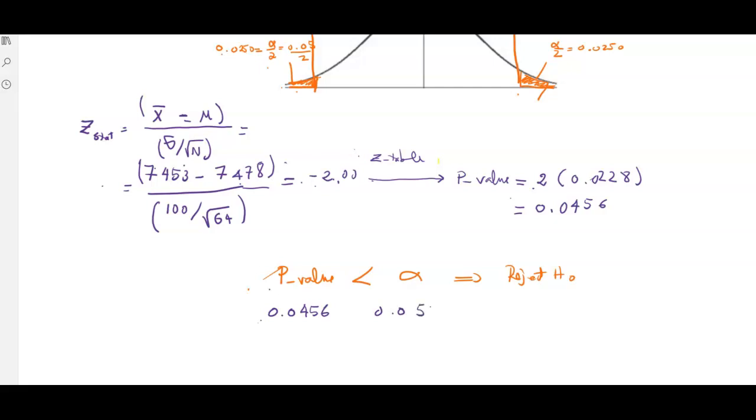To compare them, just use four digits: 0.0456 versus 0.0500. So this is a correct statement. The p-value is smaller, so your conclusion will be reject H0.